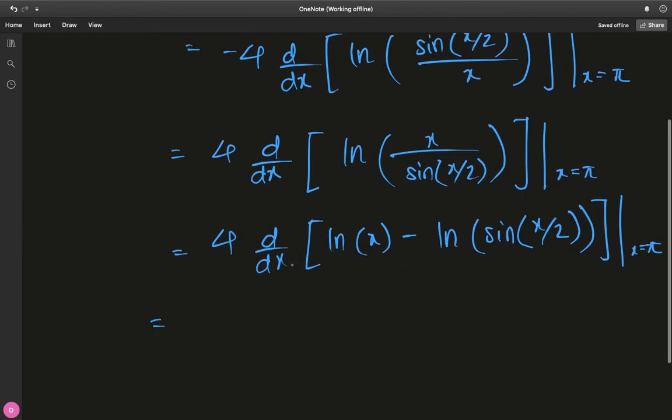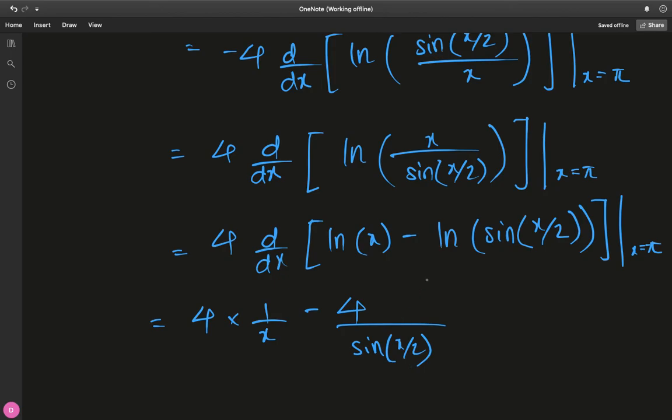So this is basically going to turn out to be the derivative with respect to x of natural log of x, which is just 1 over x, minus 4 times, this is going to be sine of x over 2 and cosine of x over 2, and we have to divide by 2 also for the chain rule, and all of this is essentially evaluated at x equals pi.